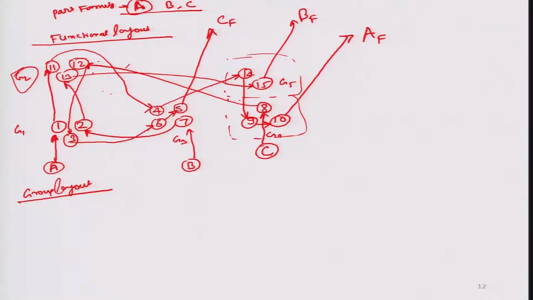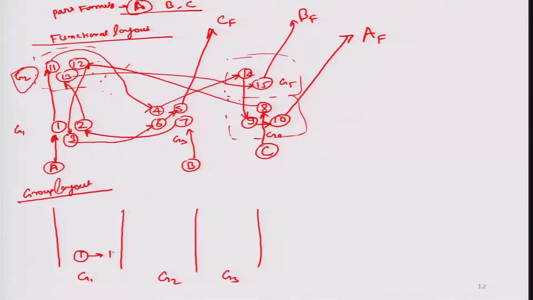So instead of making 5 groups, since we have 3 part families, you will make 3 groups: group 1, group 2, and group 3. Here we are rearranging the machine positions and making new groups.